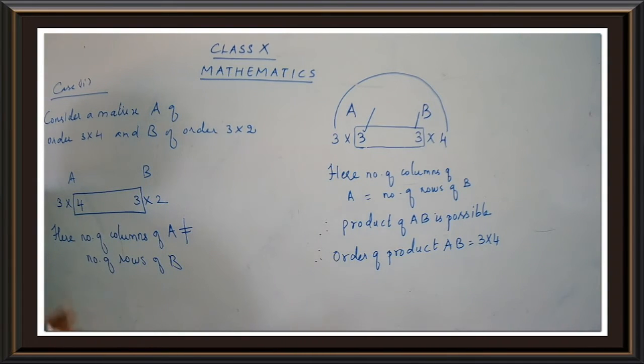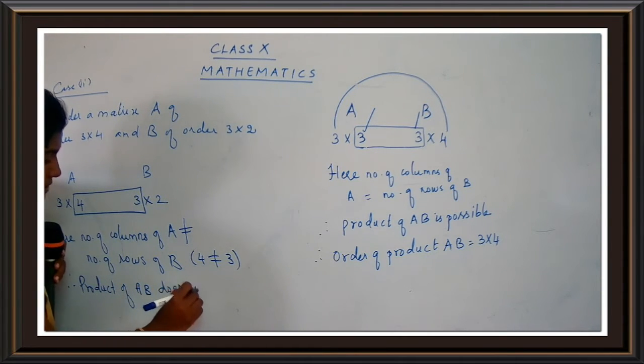So 4 and 3 are not equal. They are not equal. Therefore, product does not exist. Product of AB does not exist.